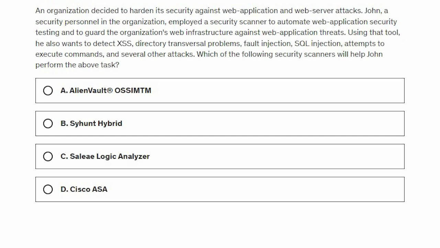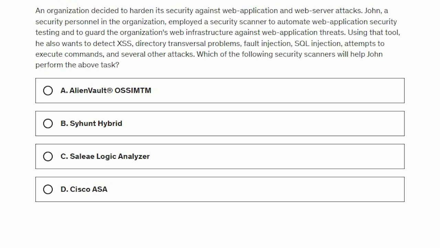Using that tool, he also wanted to detect XSS, directory traversal problems, fault injections, SQL injection, attempts to execute commands, and several other attacks. Which of the following security scanners will help John perform the above task?